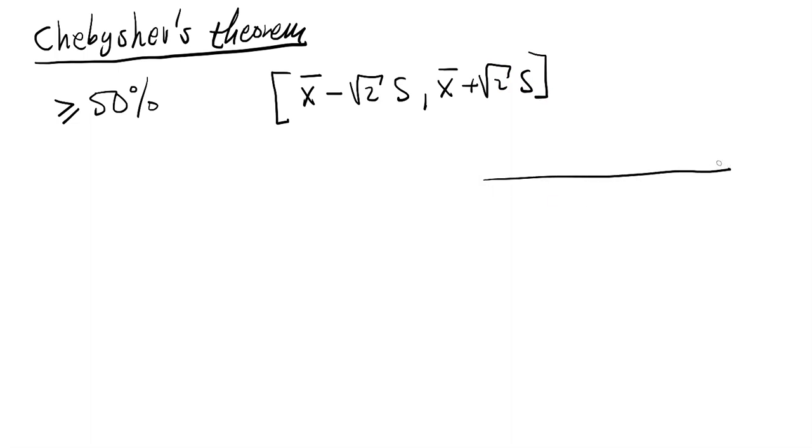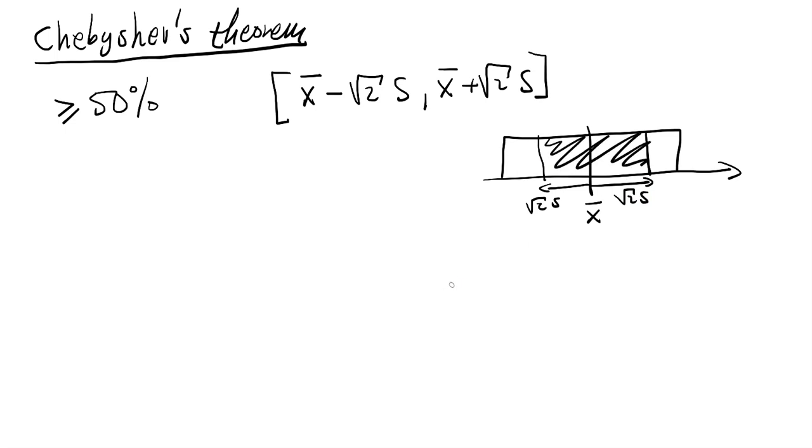So if you have your data set, not rectangular shape, but some shape distributed in some way, you have the middle here. And if you go square root of 2 standard deviations to the left and to the right, then at least 50% of the data you should find here in this interval.